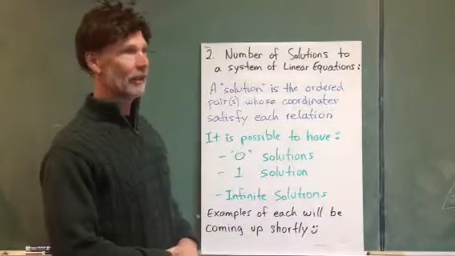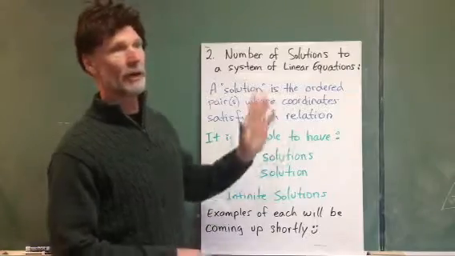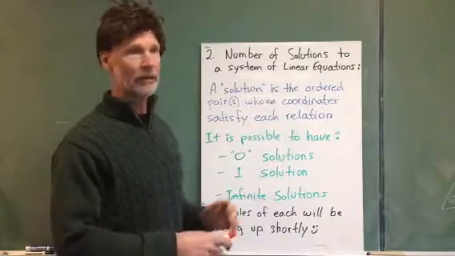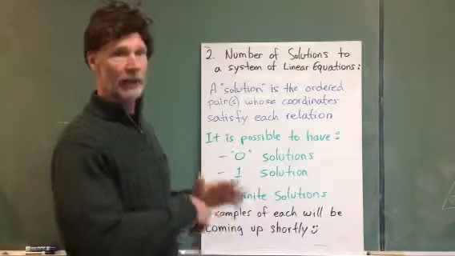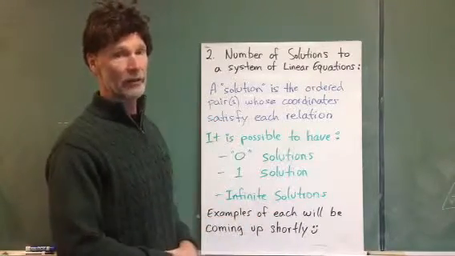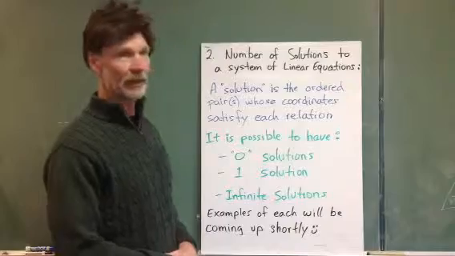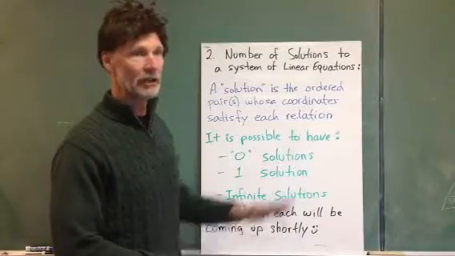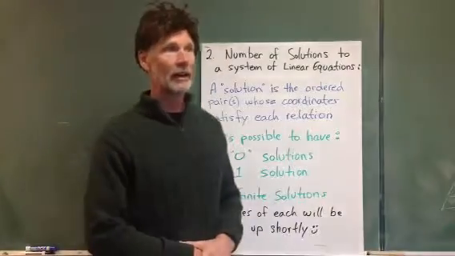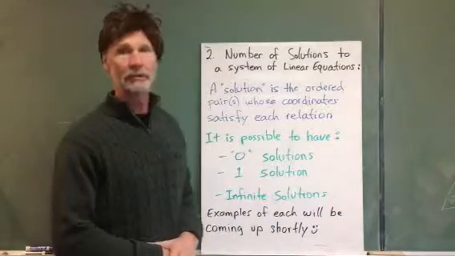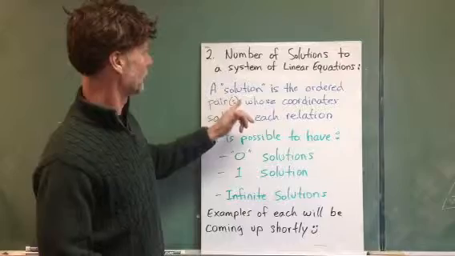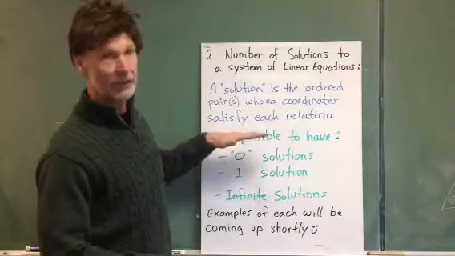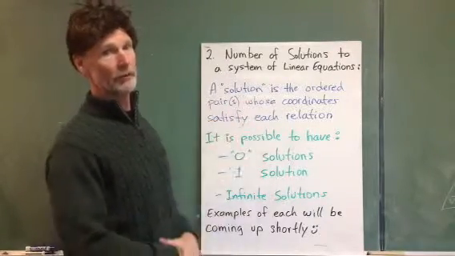In other words, if we find an ordered pair (5, 8), and put 5 in for the x and 8 in for the y in that equation, it will work out mathematically. So there's an infinite number of solutions on any linear graph or any linear equation. However, the solution for a system has to work in both of the relations.